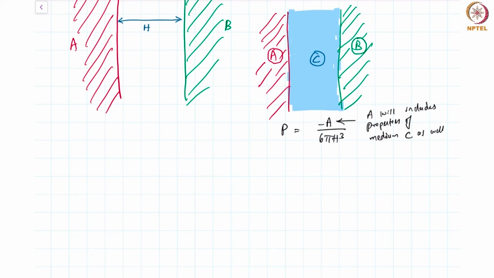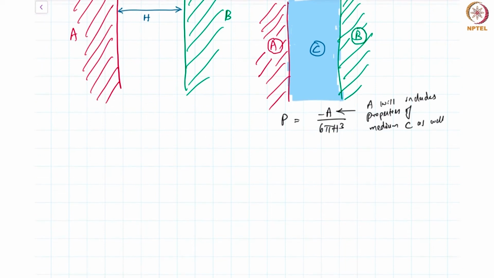Okay. So now when I say the properties of medium C will enter, notice that these interactions between A and B will happen through electromagnetic waves.